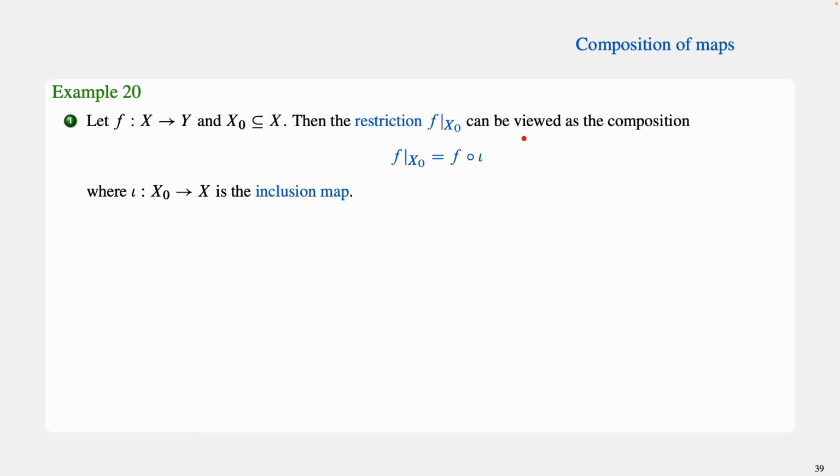And we can view this as composing f with the inclusion map. So the inclusion map from x0 into x just takes any element of x0 and maps it to itself, but this time considered in the bigger set x. And what comes out there we plug into f, and that's the same as the restriction of the map f to the subset x0.